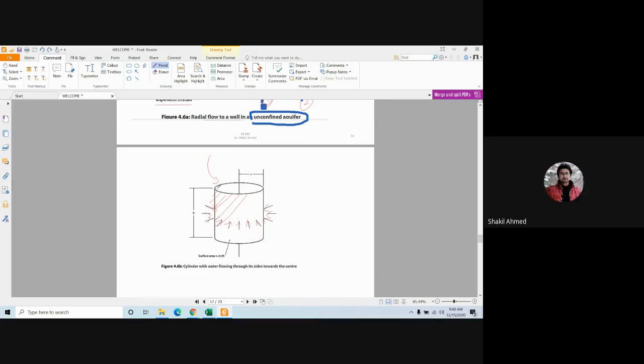What is this area now? This area is basically twice pi R H, the perimeter into H, right?